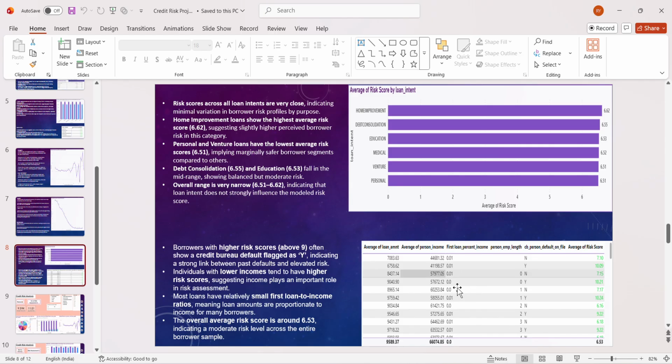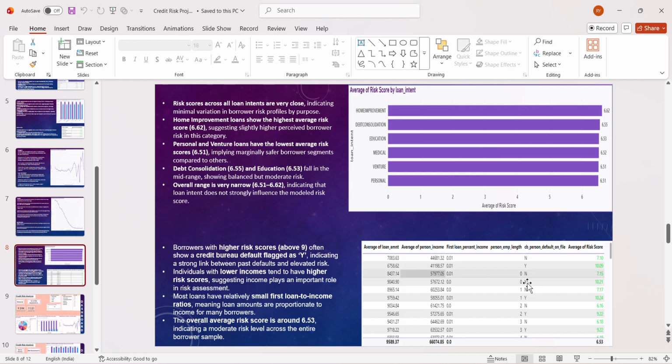In this combined chart, borrowers with higher risk, above 9, often show a credit bureau default flag of yes, indicating a strong link between past default and elevated risk. Individuals with lower incomes tend to have higher risk scores, suggesting income plays an important role in risk assessment.